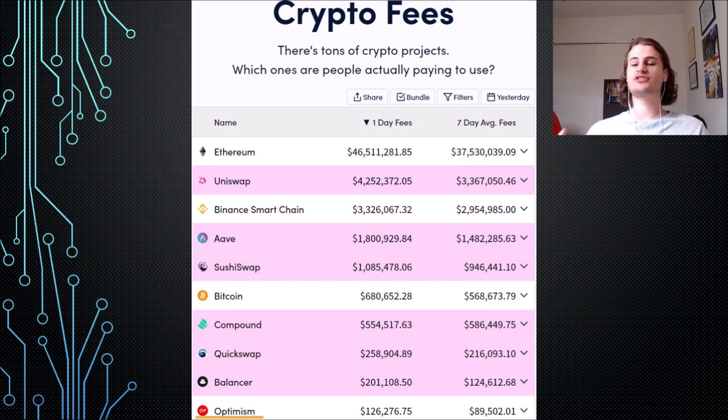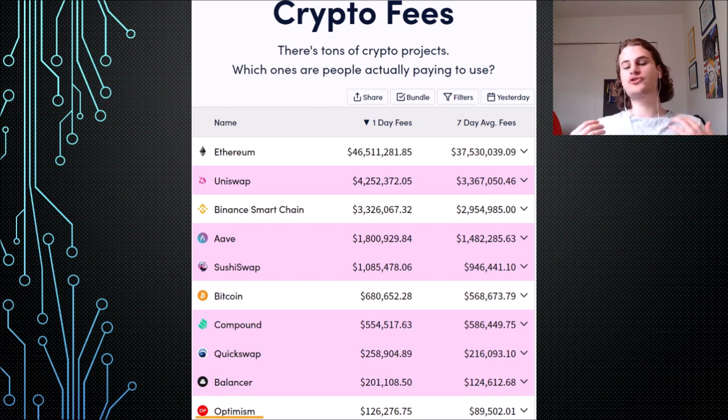The Binance Smart Chain does about $3 million, and as we can see, Ethereum is doing about 12x the amount of fees as BSC, and Ethereum is really dominating in this space, which is what I love to see. I do expect Ethereum to continue this domination in the long term, and I really don't see too many things flipping Ethereum in the future at all.